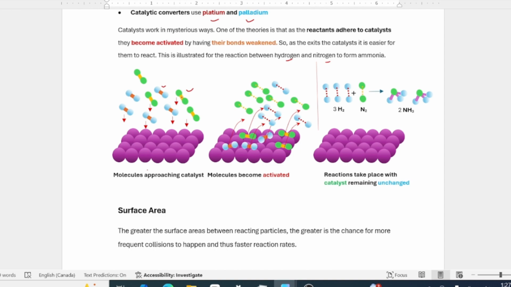Notice the bonds here and notice the bonds here. You can see that the bonds are weakened, and because of that they are said to be activated, so they can easily be broken to form the products. And here it is illustrated how the hydrogen molecules with their weakened bonds as well as that of the nitrogen molecules are reacting to form ammonia molecules.